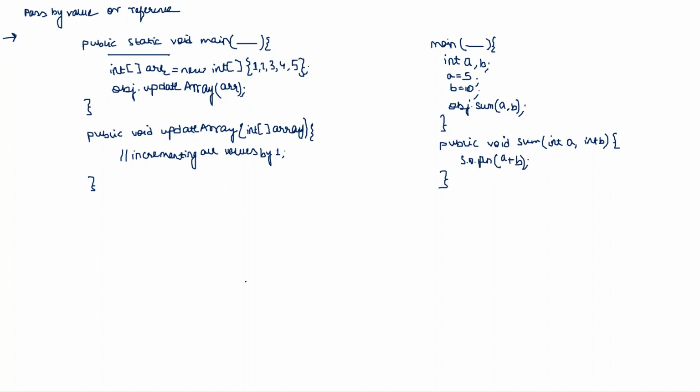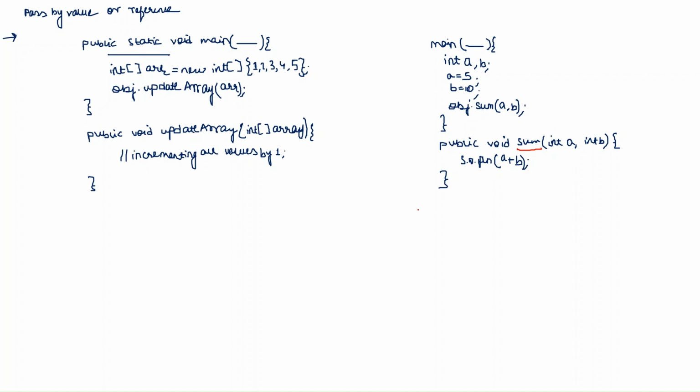Now let us understand what is pass or call by value. When you invoke the sum method inside the main method and pass a and b as the actual arguments or actual parameters, the value that is stored in the actual arguments gets copied to the formal parameter list.